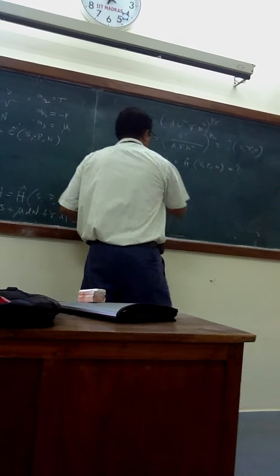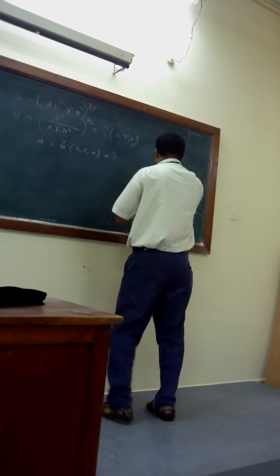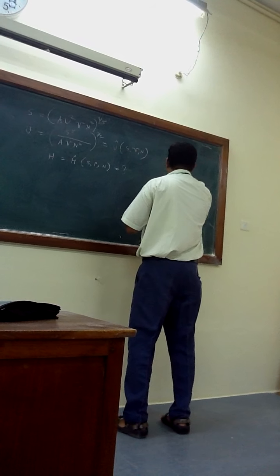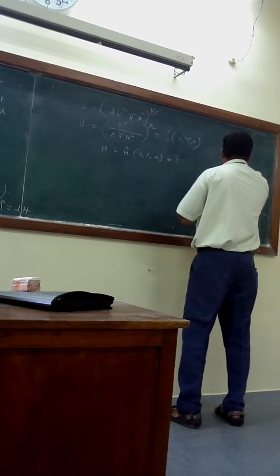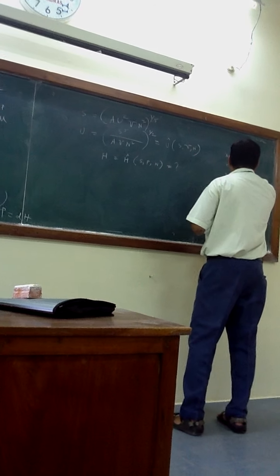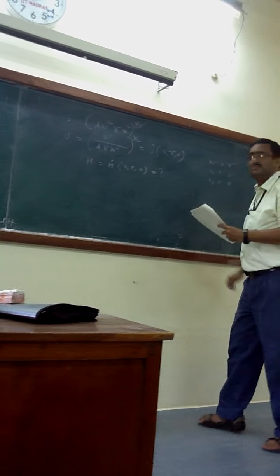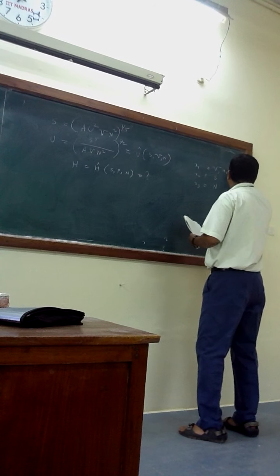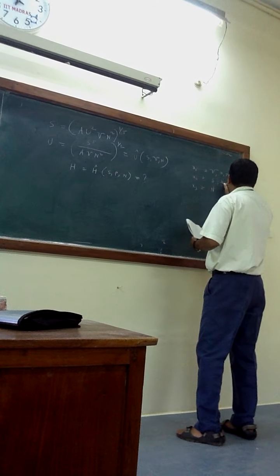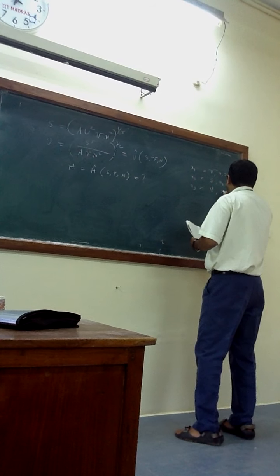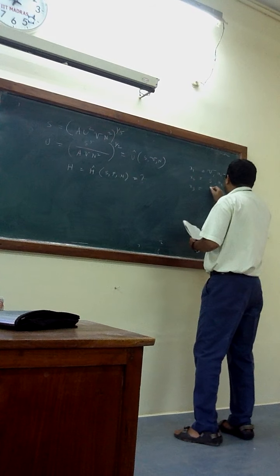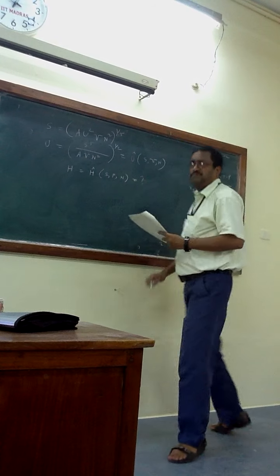So here you can write x1, x2, x3. x1 is V, x2 is S, x3 is N, m1 is minus P, m2 is T, m3 is mu.